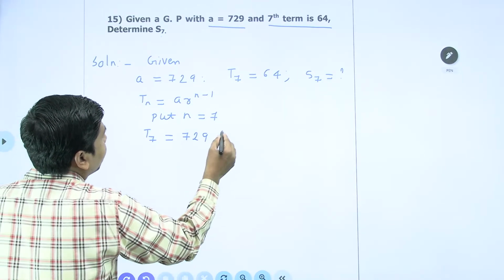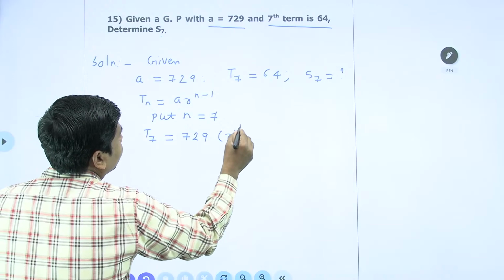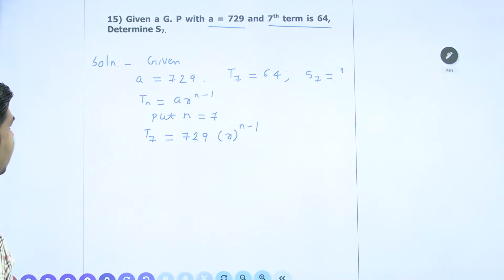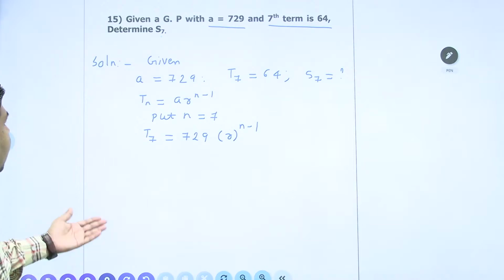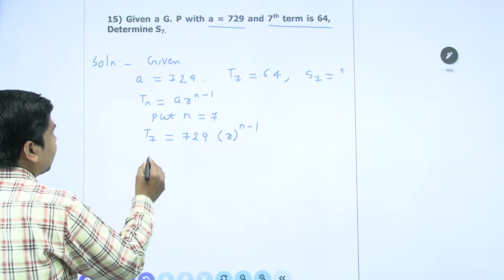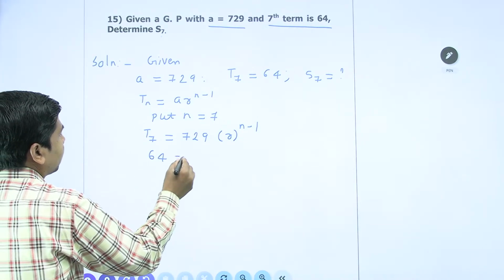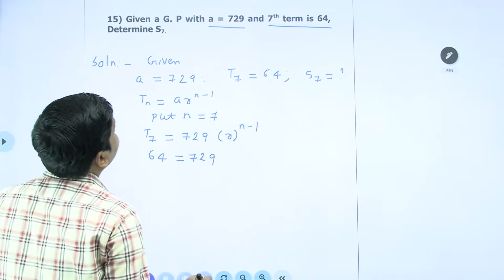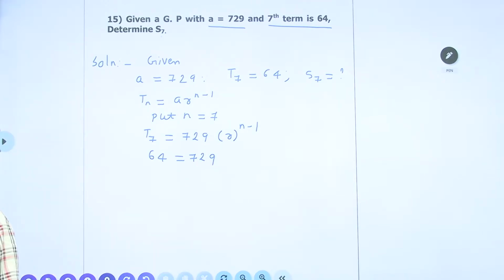R we don't know, so keep as is. The seventh term T7 is 64.